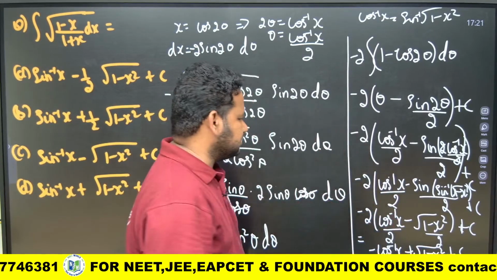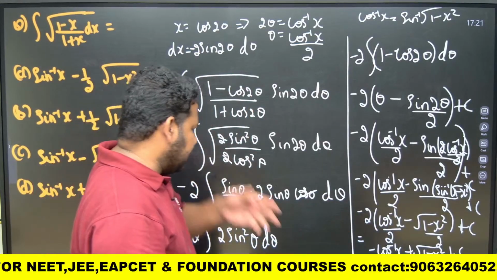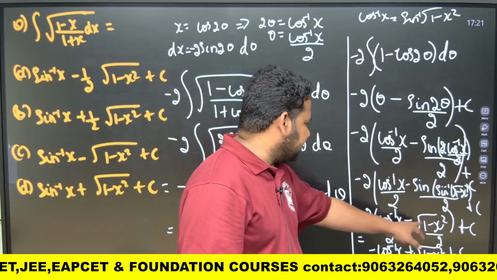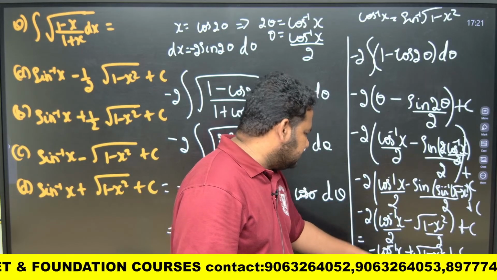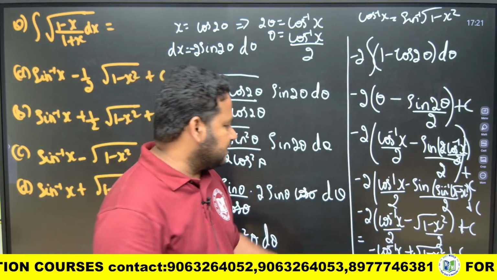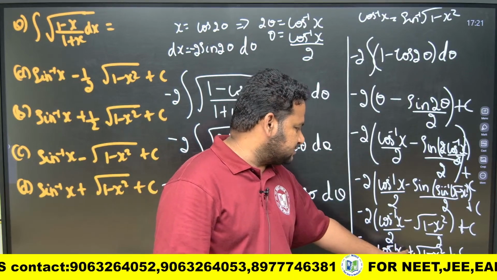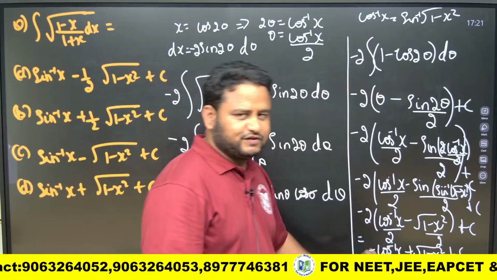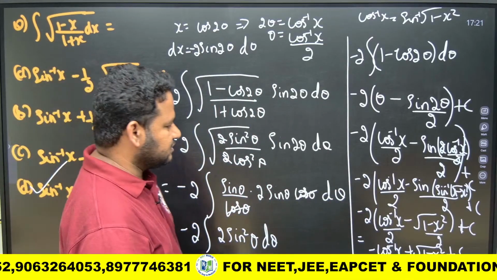Here I have cos inverse of x and here square root of 1 minus x square, so it is minus cos inverse of x plus square root of 1 minus x square plus c. This simplification you can further do by yourself. If I simplify further, I get it in terms of sin inverse of x. Minus cos inverse of x, I can write it as what?